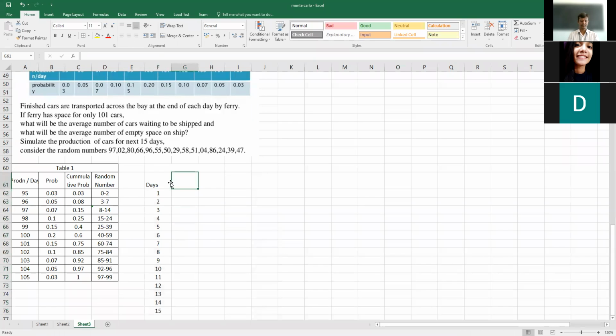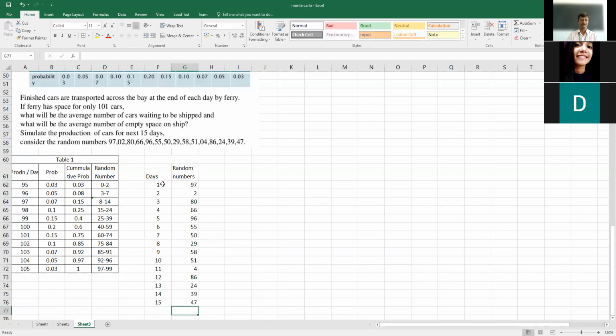Then the random numbers are given in our case: 97, 2, 80, 66, 96, 55, 50, 29, 58, 51, 4, 86, 24, 39, and 47.